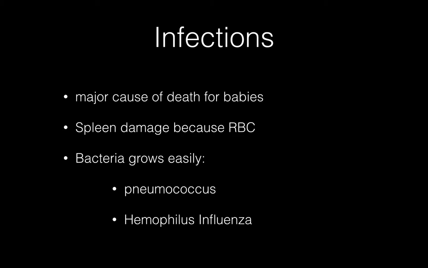The sickle red blood cells damage the spleen by about 4 months of age so that the spleen does not function normally. This can allow bacteria to grow in the bloodstream and cause septicemia, which can be fatal. Children under the age of 5 years are at the highest risk for septicemia.